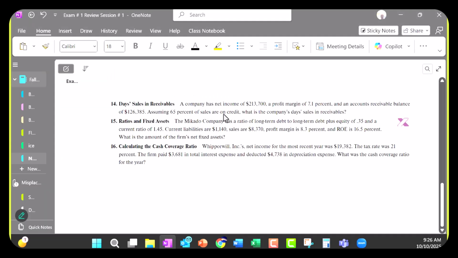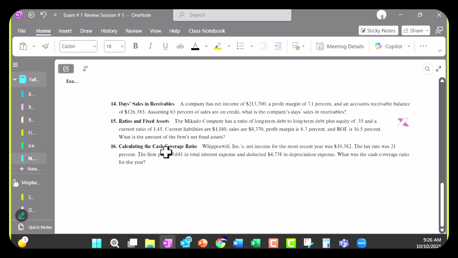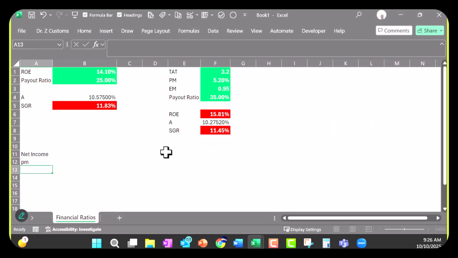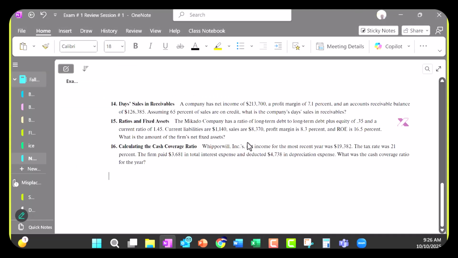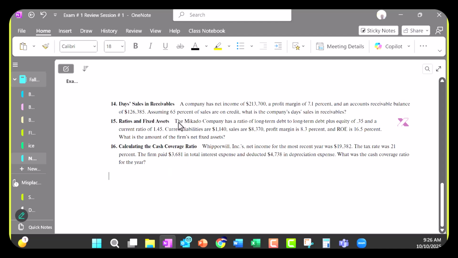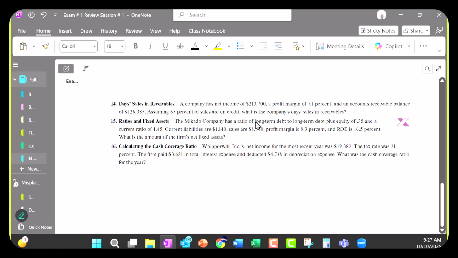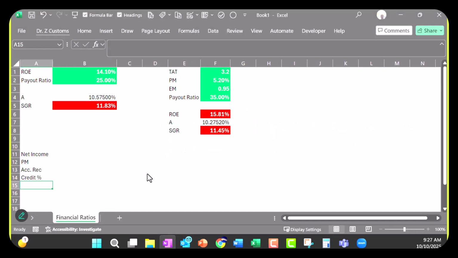We're going to do days sales in receivables. So we know net income, profit margin, accounts receivable, assuming 65% of sales are on credit, credit percentage. What is the company's days sales in receivables?